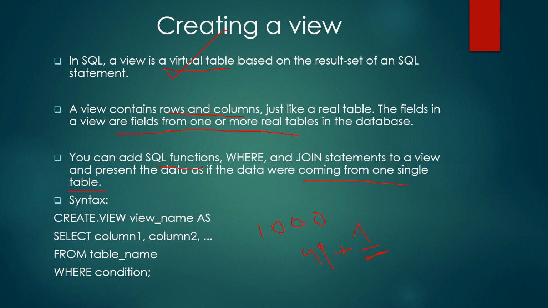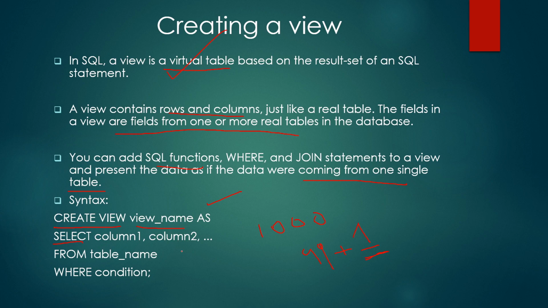Now the syntax is: first we have two keywords, create and view, followed by the view name. You can keep any view name, it completely depends on you. Then we have the keyword select. We can select how many columns we want inside that virtual table. These columns can be from one or more real tables.